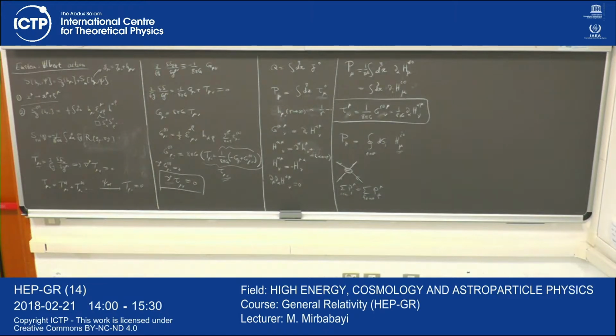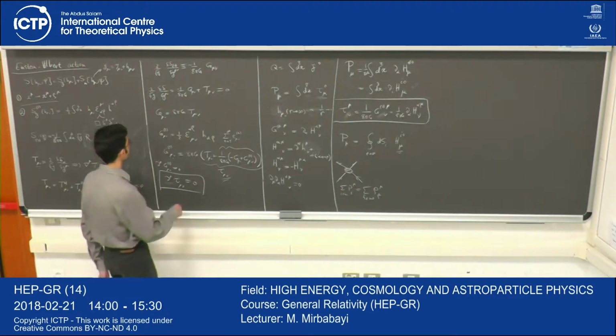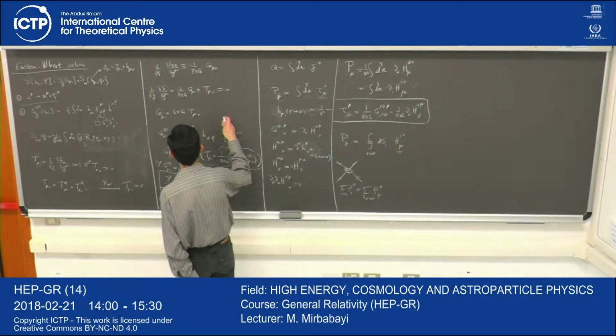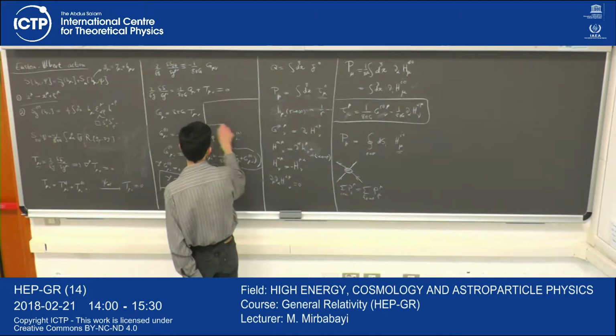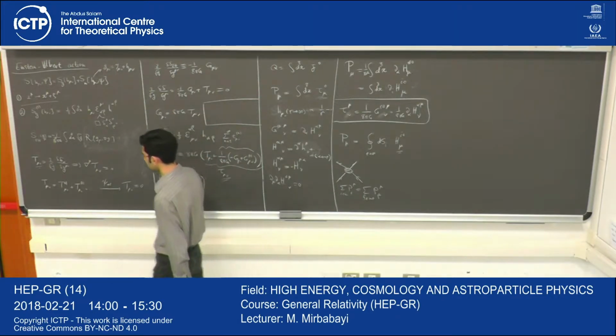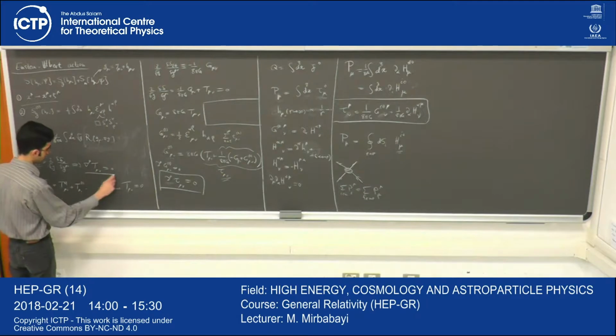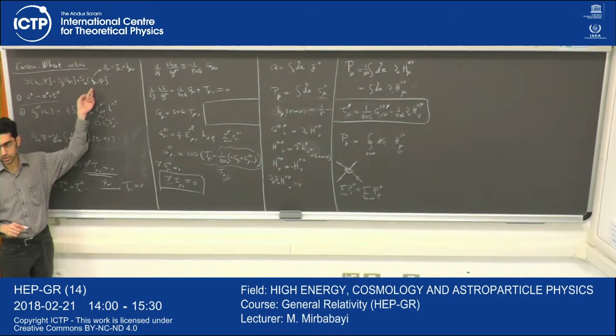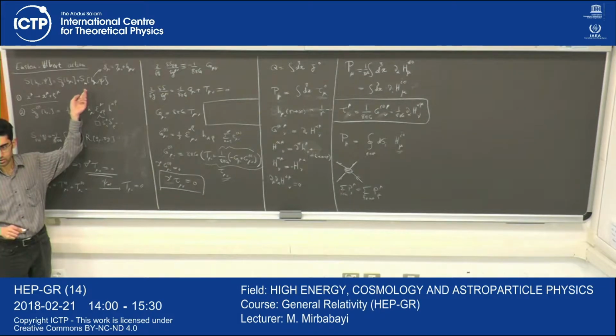Oh, the property of G mu nu. Yeah, maybe I didn't say something. Let me tell you that. So you remember we showed that this holds as a consequence of the fact that this matter action is invariant under diffeomorphism.